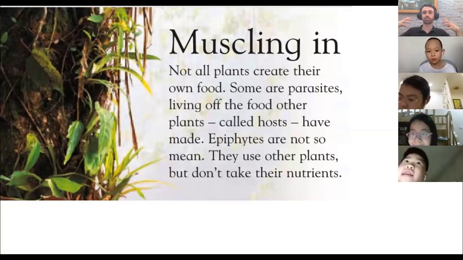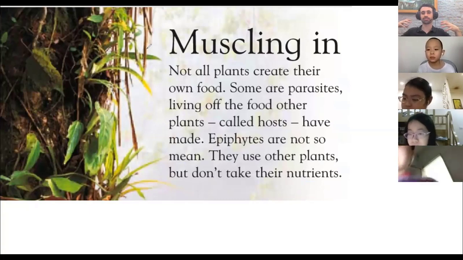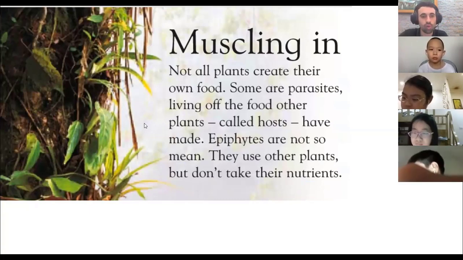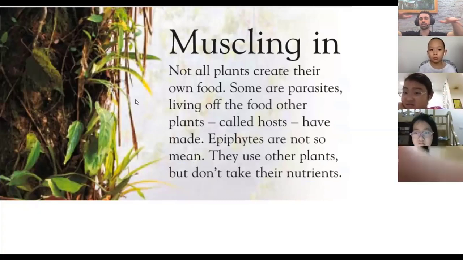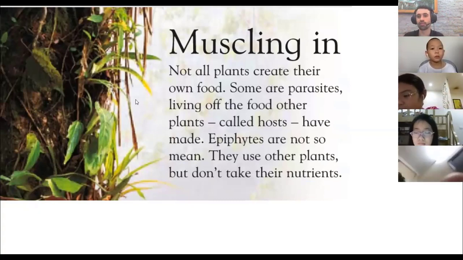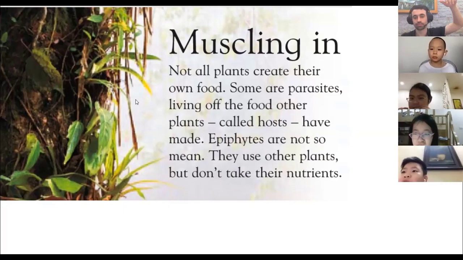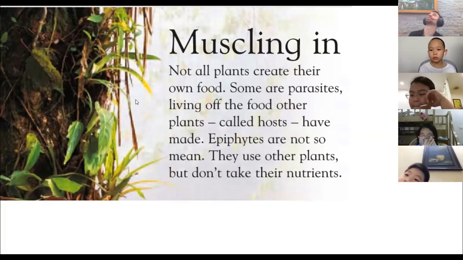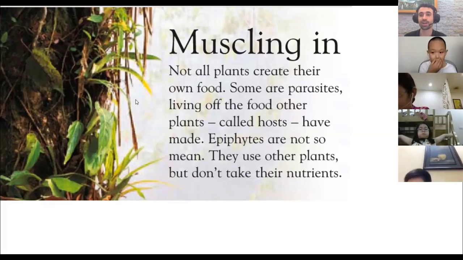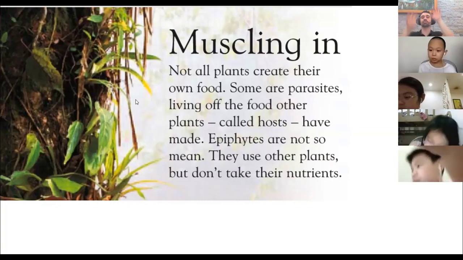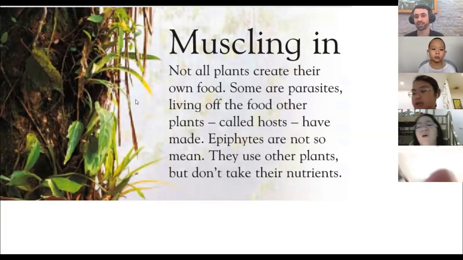One thing I would like you to think about is when you're in a forest, where's the sunlight? Is it at the bottom of the forest or the top? On the top. A lot of plants look up and think, that's a really far way to go. So instead of getting there themselves, they climb up other plants so they can get to the sunlight.